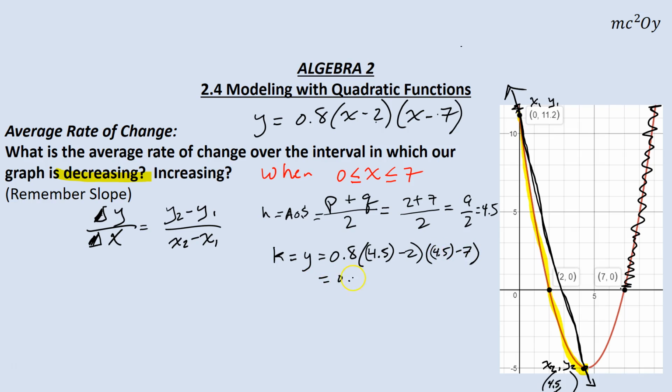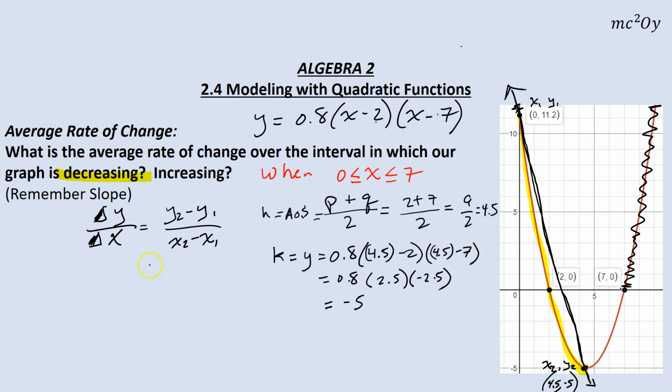And that gives me 0.8 times 2.5 times negative 2.5, which, when you do the calculations, is just negative 5. That's my k value. So I know my vertex now.